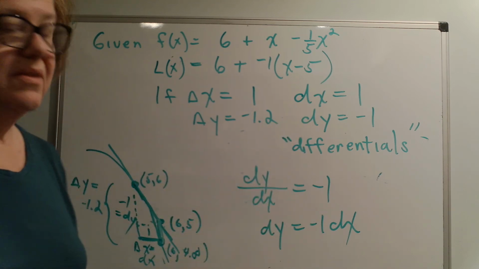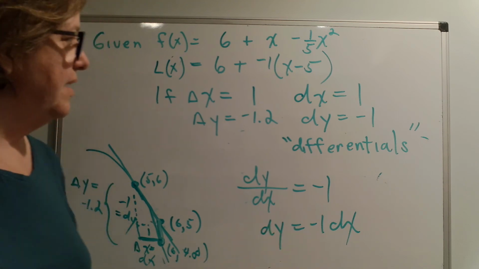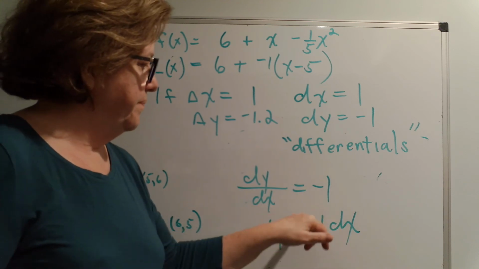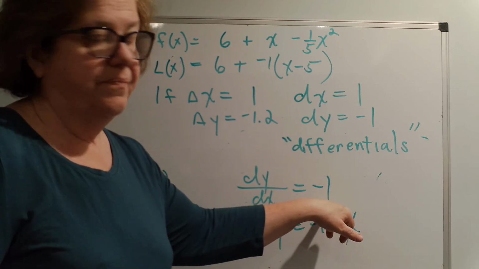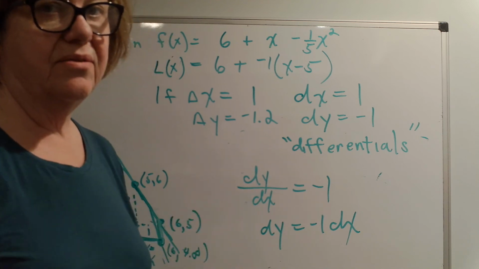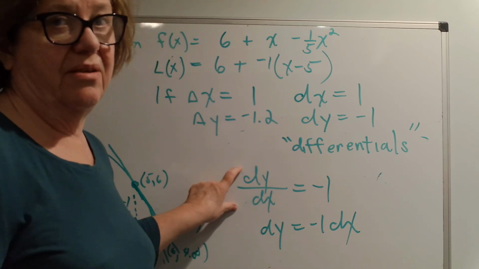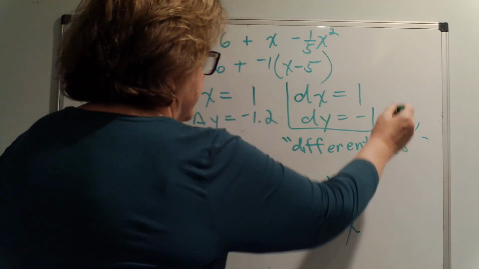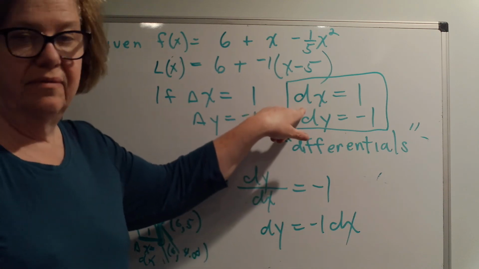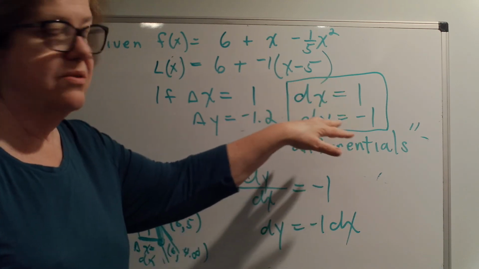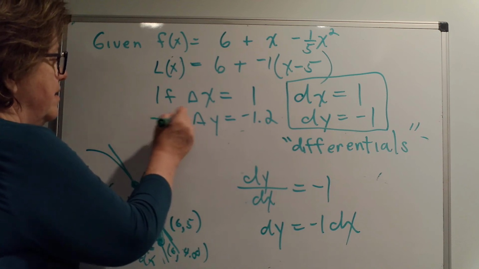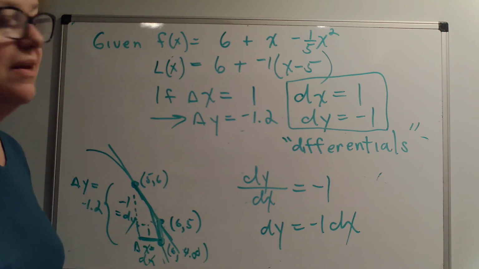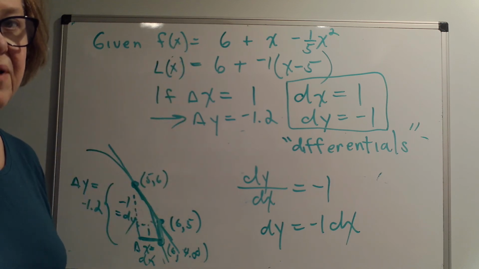That's what the derivative is, the slope of the tangent line. If we stick with the tangent line, our slope is -1, change in y over change in x, but not the actual change, the differential change. So our approximation is related to these differentials. The actual change in y comes from putting in the two values for x we're considering and looking at the difference in the function values.